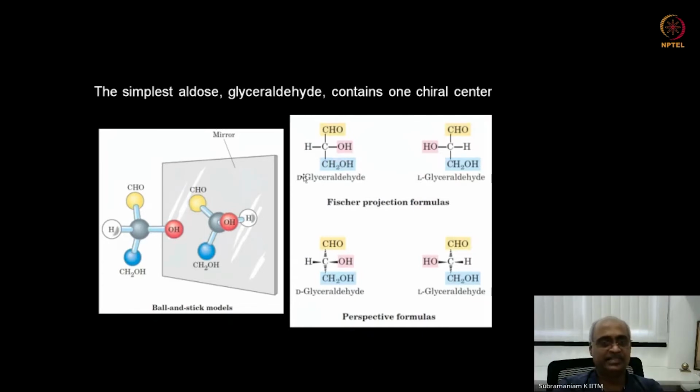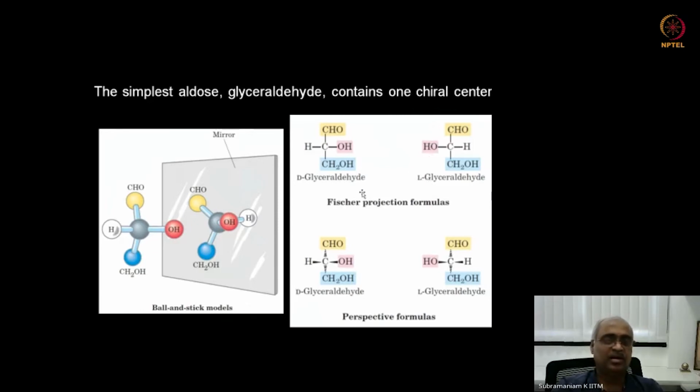This doesn't mean dextrorotatory or levorotatory. Don't confuse this with the optical rotation, although these are optically active. So when we have this arrangement, in the way we write, when the OH is on the right side, it is D-glyceraldehyde. When it is on the left side, it is L-glyceraldehyde.